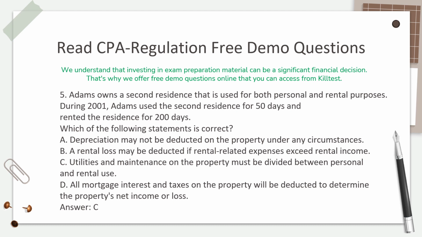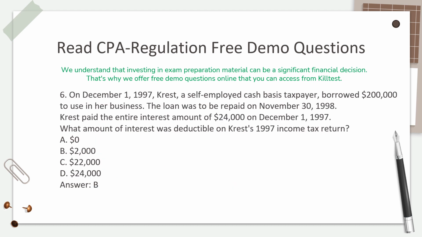C. Utilities and maintenance on the property must be divided between personal and rental use. D. All mortgage interest and taxes on the property will be deducted to determine the property's net income or loss. Answer. C.